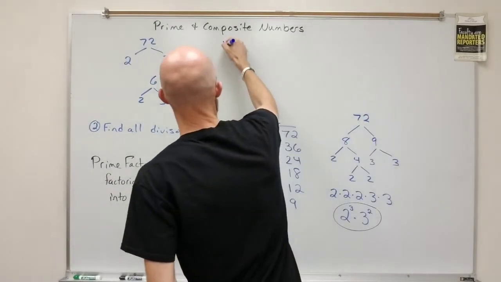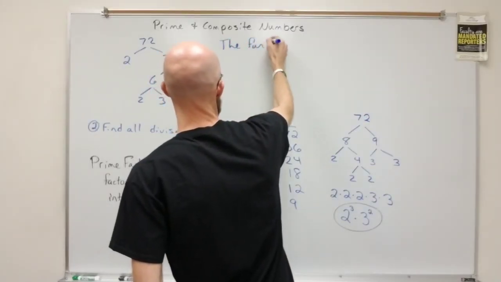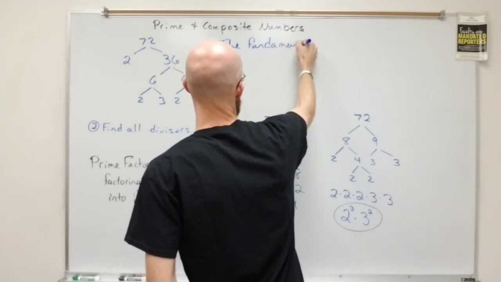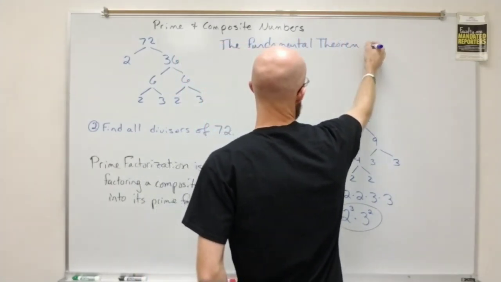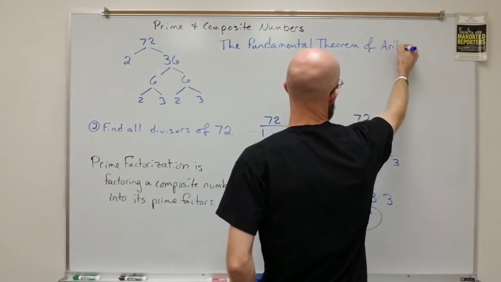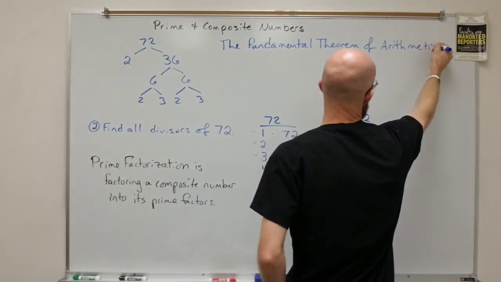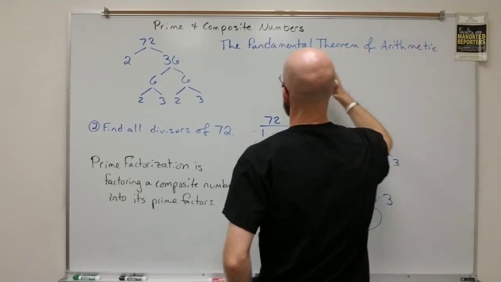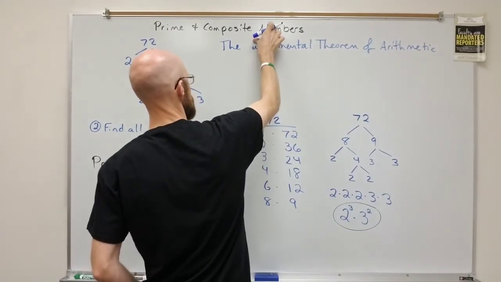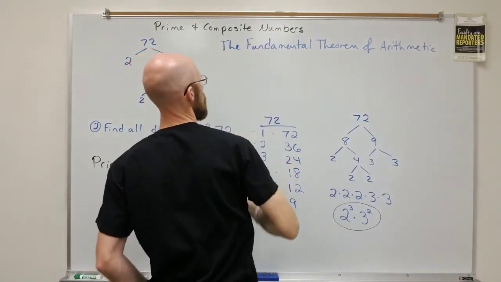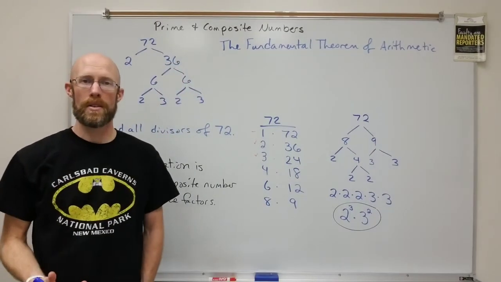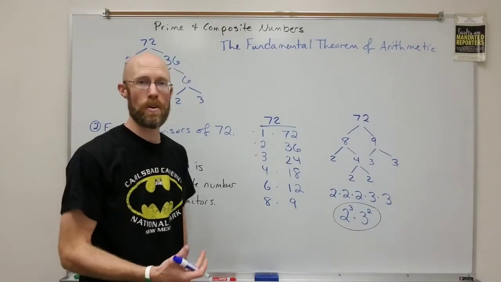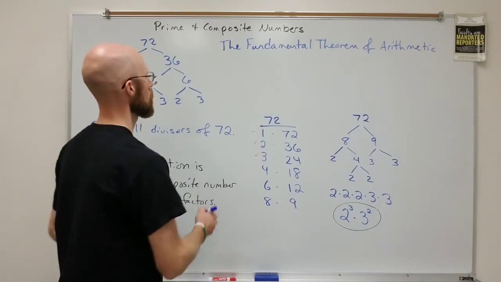So I'm going to write that up here, the fundamental theorem of arithmetic. Actually, let's capitalize that F because this is a proper noun. The fundamental theorem of arithmetic basically says that the prime factorization for any composite number is unique.